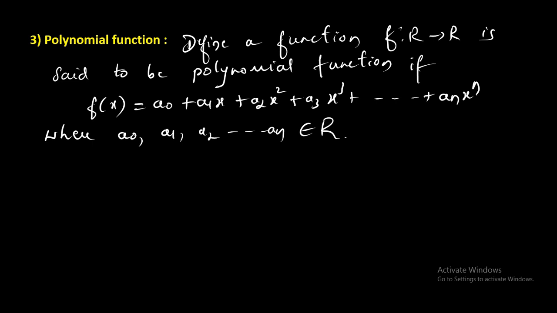So whenever f of x is in the form of a0 plus a1x plus a2x square and so on, that function is called a polynomial.